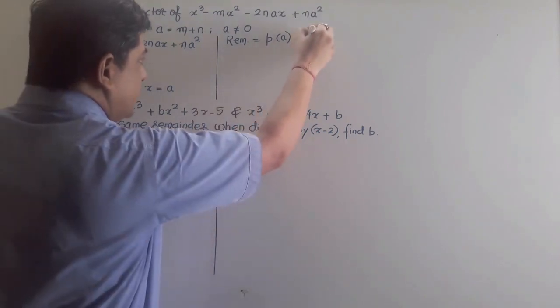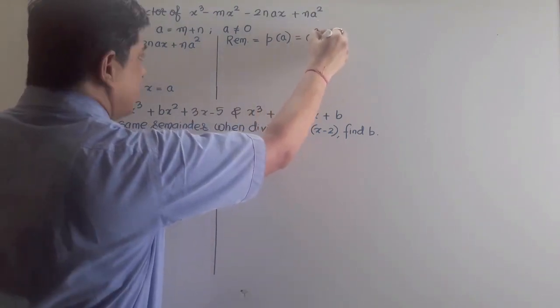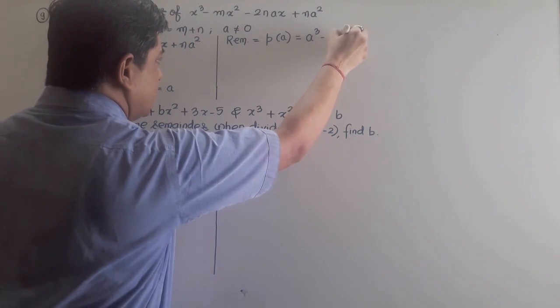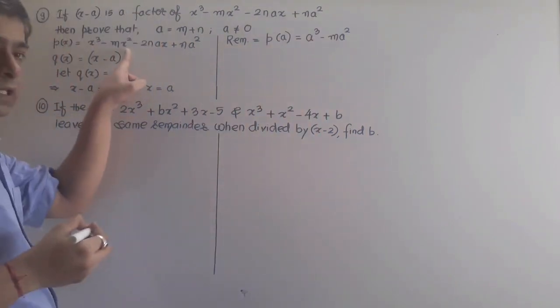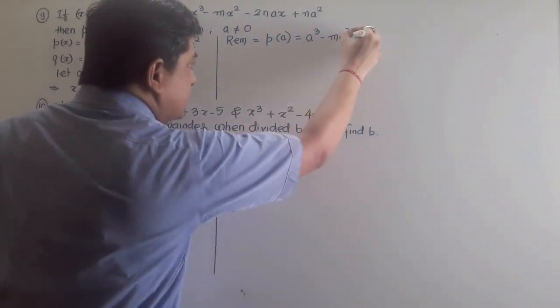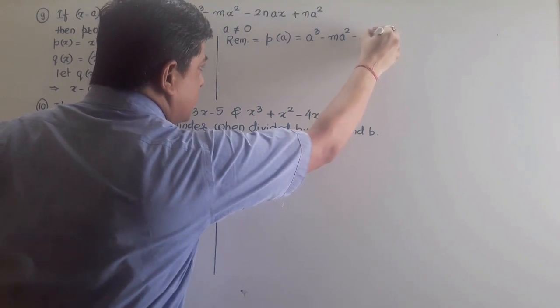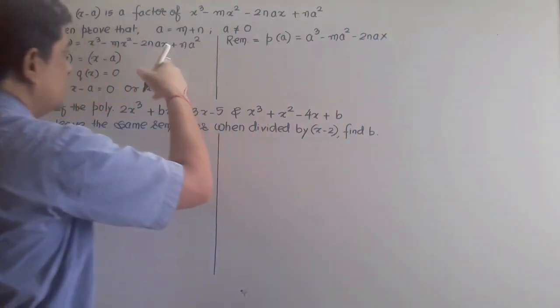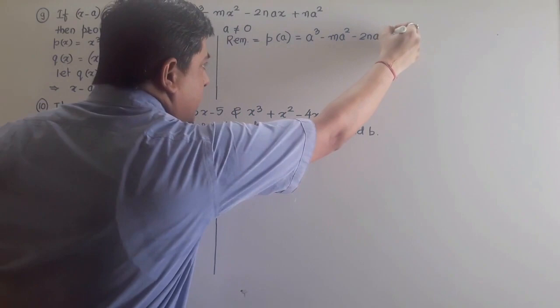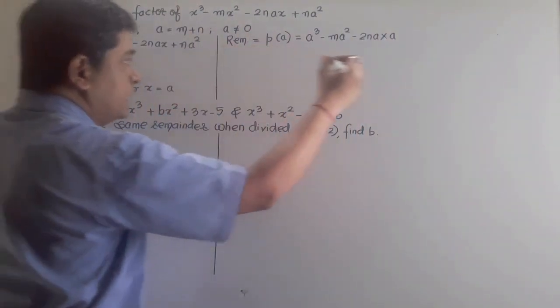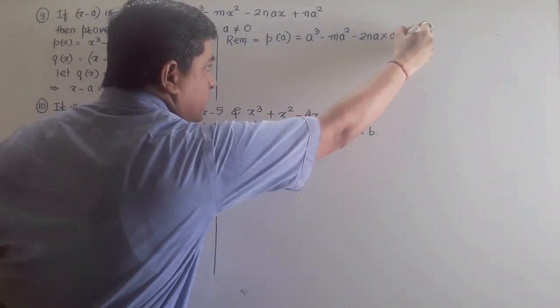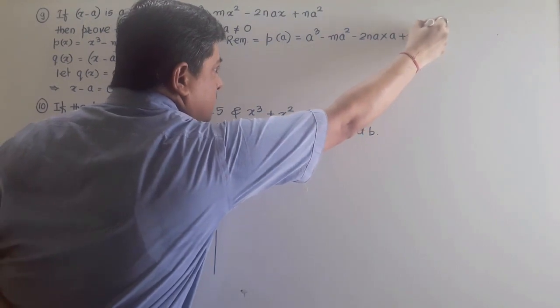So that will be a cube, then minus m into a square, minus 2n a into the value of x, and again I am keeping here a, and then last plus na square.